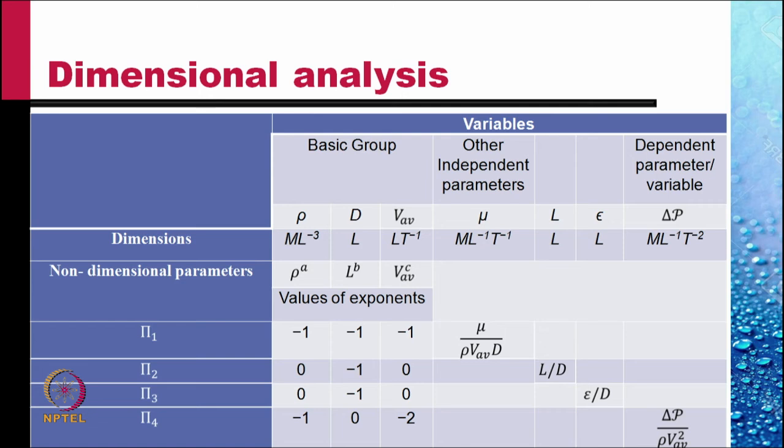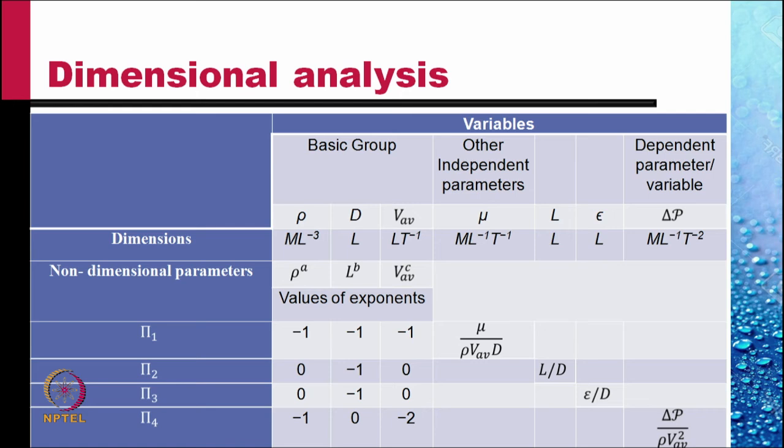The other independent parameters which are not in the basic group are mu, viscosity, length L of the pipe, and epsilon, the mean roughness height. And we write one dependent parameter. In this case, it is delta P, the piezometric pressure drop.